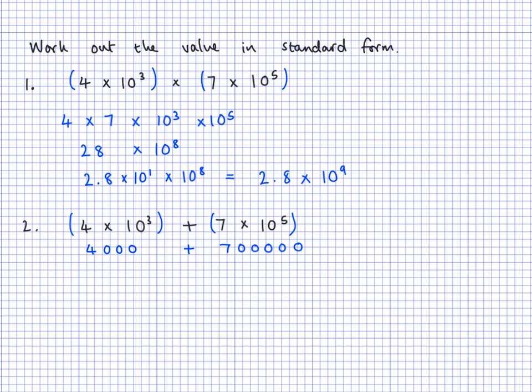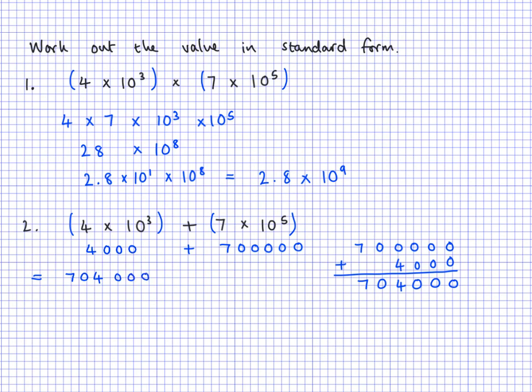Okay, now if I write it in column method, okay, I can see what numbers go where. Okay, so that's 700,000, and then 4,000 would be here. Okay, and if I add, I can see that I will have 0, 0, 0, then 4, then 0, and then 7. Okay, so my answer for this is 704,000. Okay, and that's it.